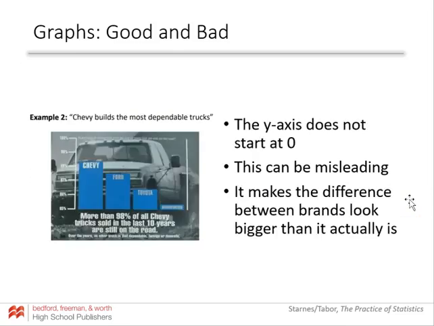The other thing is we want to have our y-axis start at 0. Okay, so if we look at this, Chevy is clearly the best, and then it goes down to Toyota, this kind of looks like a sizable gap, and then this Nissan group, that looks like a huge gap. But if you look over here at these percentages, it goes from 95 to 98. So the Nissan, it's really only a 3% difference.